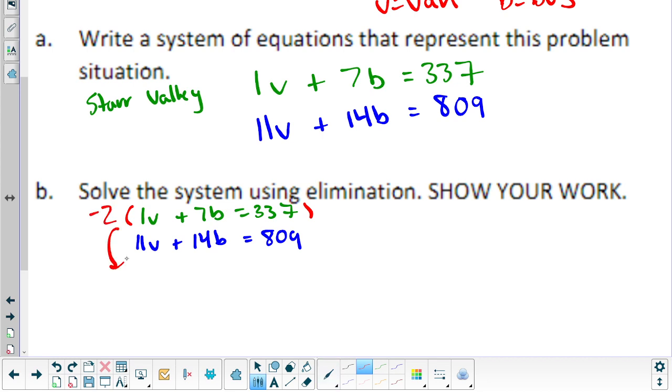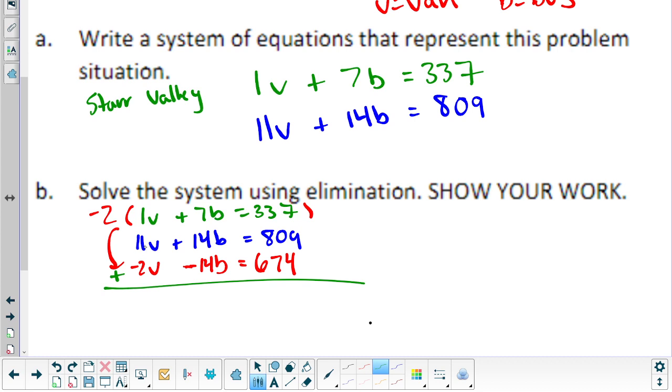So my new equation is going to be -2 vans and -14 buses, equals, let me do this in my head, 674. 674, okay? I'm going to need a calculator to subtract these, though. Oh, I have one right in front of me. Cool, okay? But now I'm set up to just combine these systems, right? I can just add these 2 equations together.